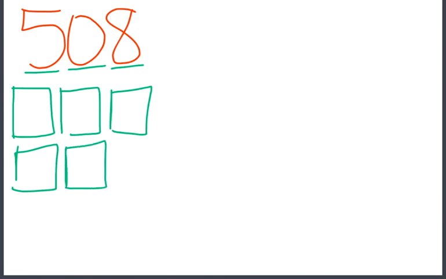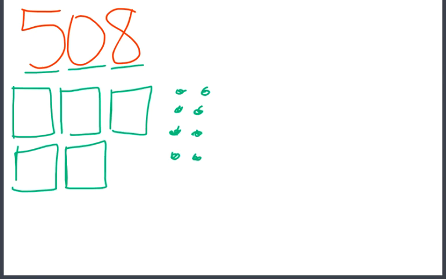We have a 0 in the tens place. We will draw no longs and 8 ones. 1, 2, 3, 4, 5, 6, 7, 8. So we have 5 flats and 8 cubes. And 0 in the tens place.